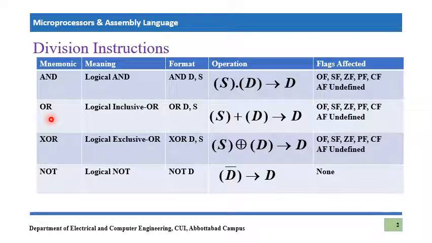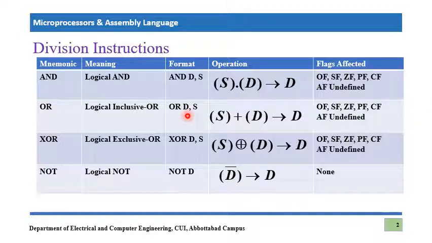The second instruction is another very important logical gate, which is OR, or inclusive OR. It is normally known as OR, but its official name is inclusive OR. So it is for the logical inclusive OR gate, and the format is very simple: OR D, S, and it is also a bit-level command. Since we are talking about logic, logic is always performed at the bit level.